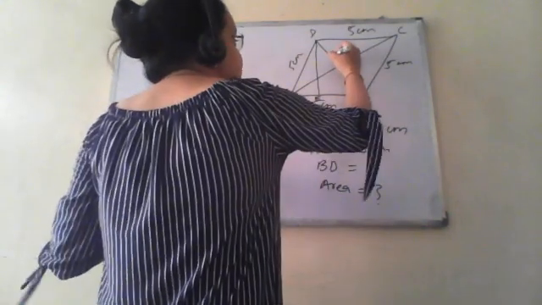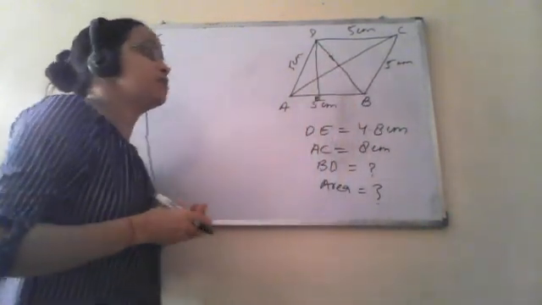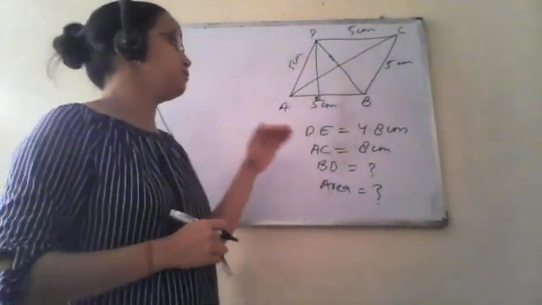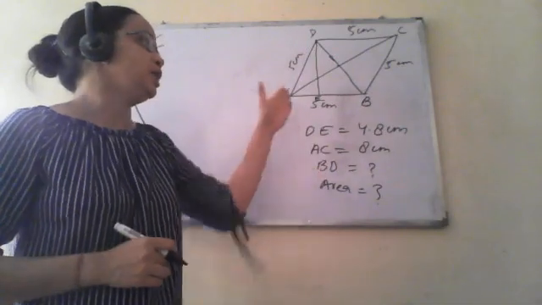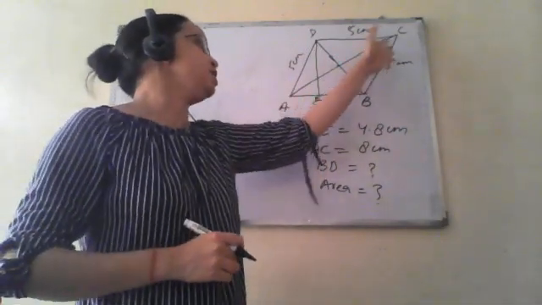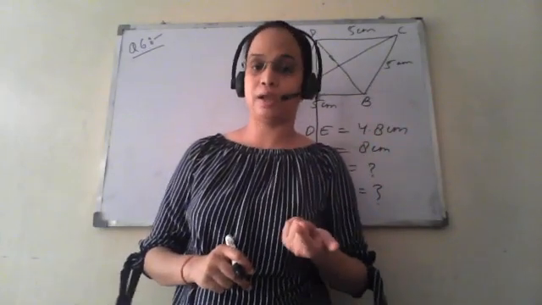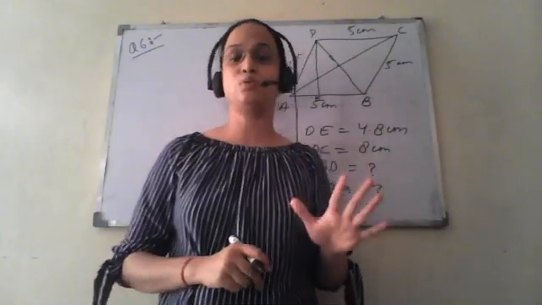Now, as I already told when I was discussing the properties of quadrilaterals, each diagonal, either this AC or this BD, divides the rhombus into two equal, or congruent, triangles.